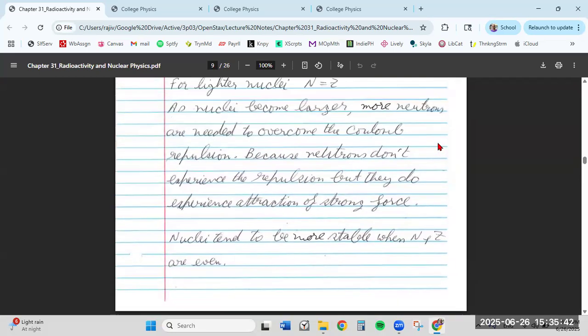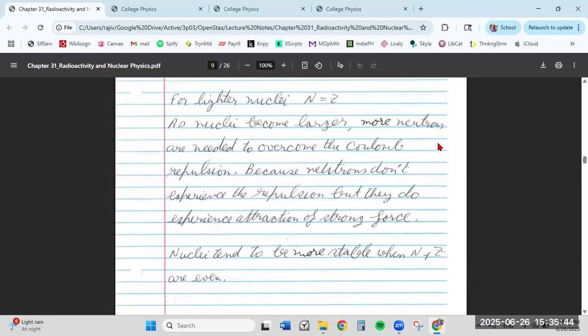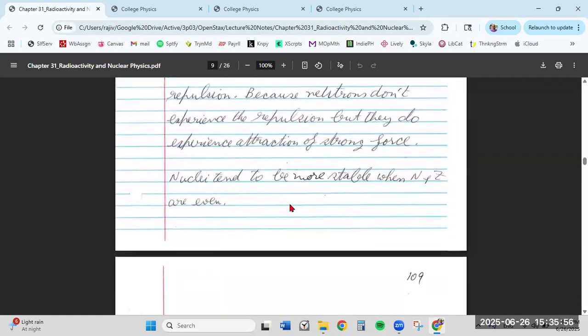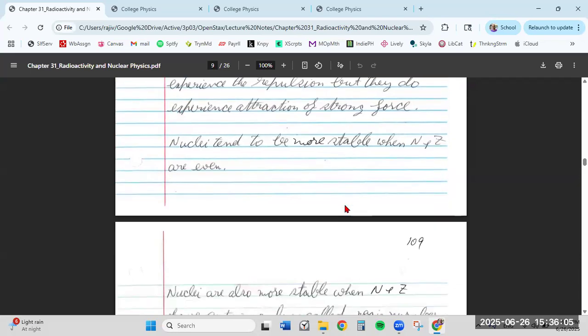So for larger nuclei, there's a greater amount of Coulomb force, and you need to compensate for that by having more neutrons. So nuclei tend to be more stable when N and Z are even numbers.